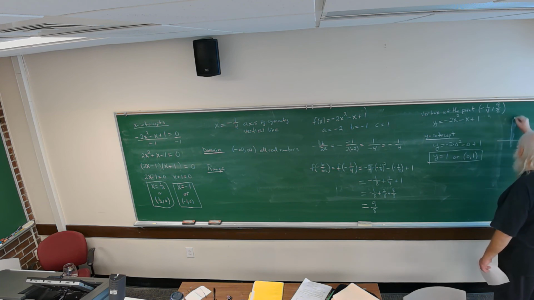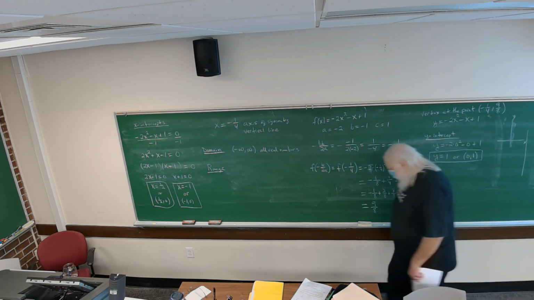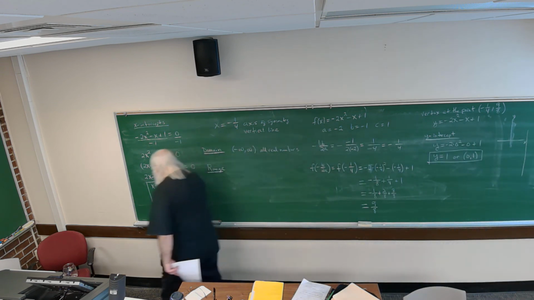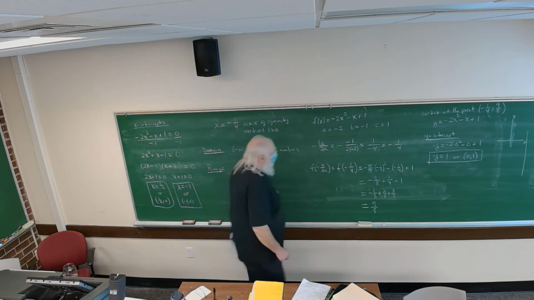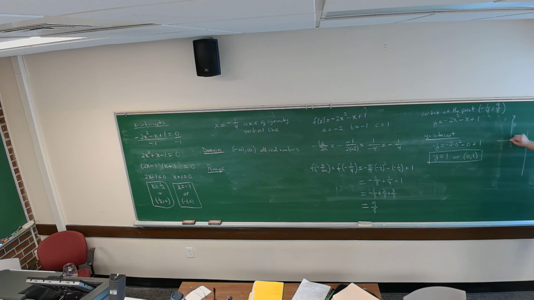Here's the x-axis, here's the y-axis, and here's the origin. So here's -1/4, and then here's 9/8 up here. So here's where the vertex is in this second quadrant. And then because the number in front of the x² is negative, we know that the parabola opens down.